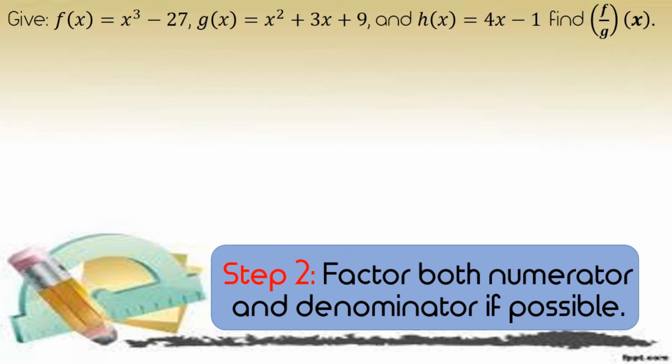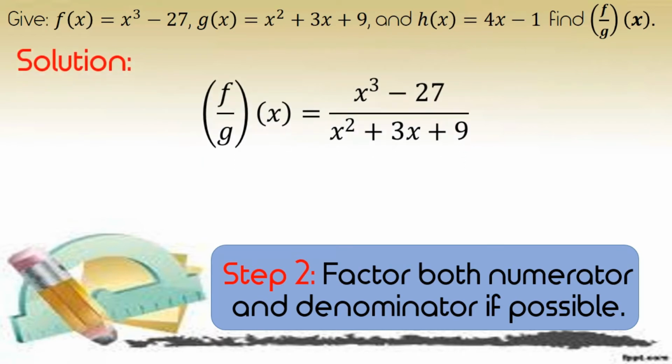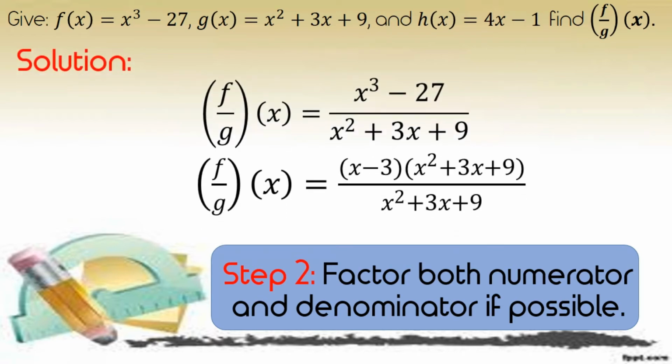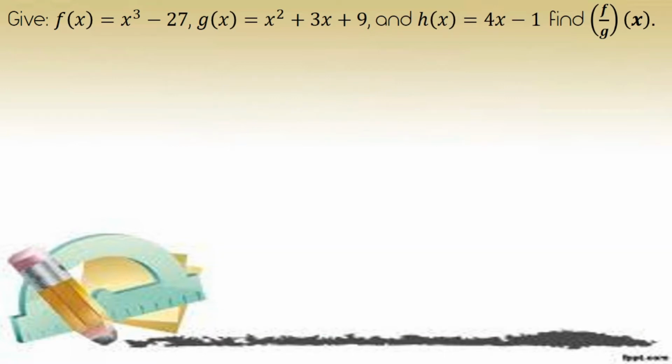For the second step, we're going to factor both numerator and denominator if possible. Since the numerator is factorable, we will be factoring it out and it becomes x minus 3 multiplied by the other factor, which is x squared plus 3x plus 9, all over the denominator, which is x squared plus 3x plus 9.